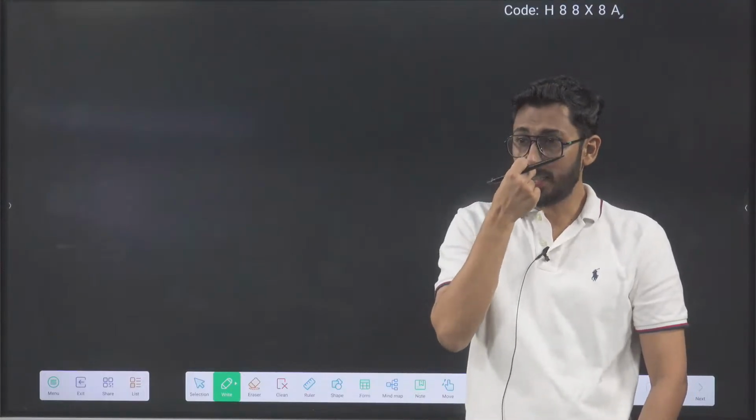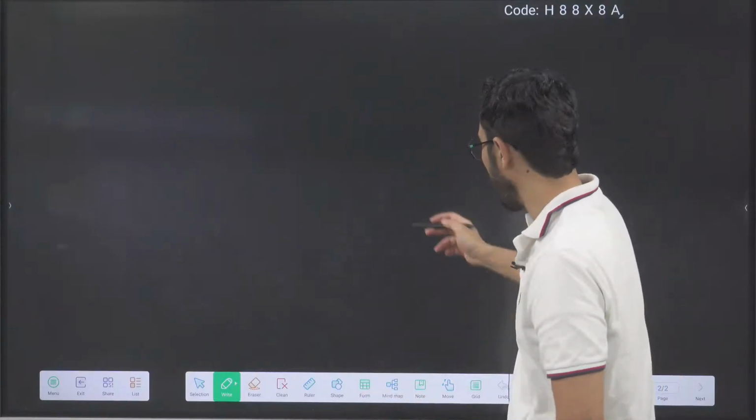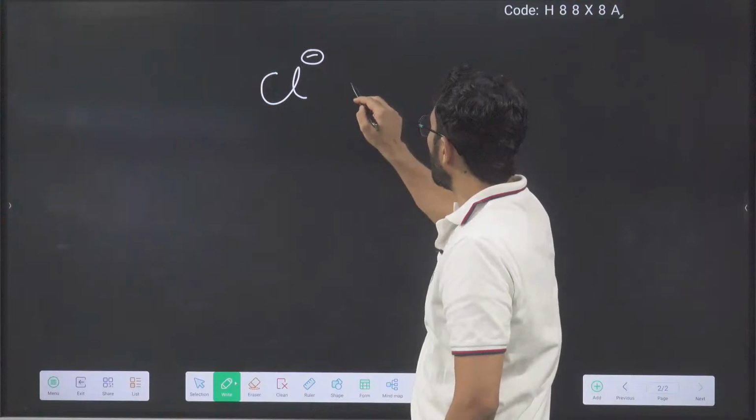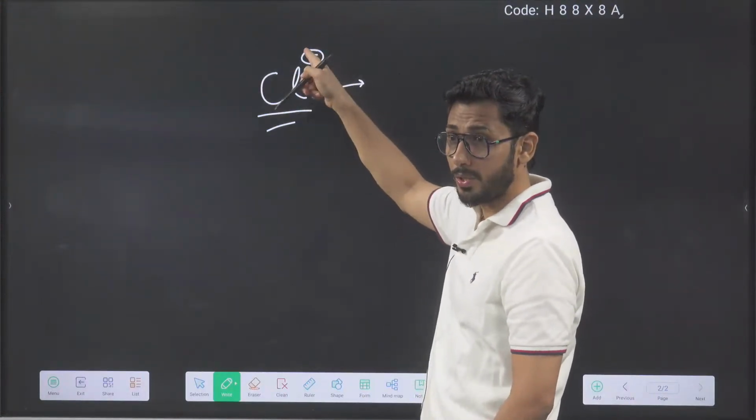Yeah, the charge that an atom would acquire if the compound was composed of ions. See, if I say Cl minus, in this case it is an ion, so this charge is its oxidation number.